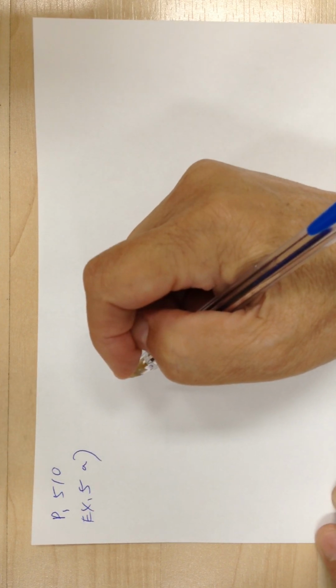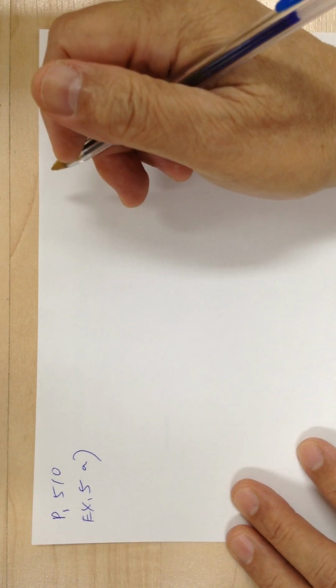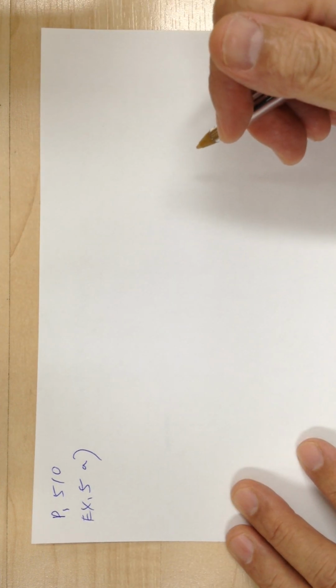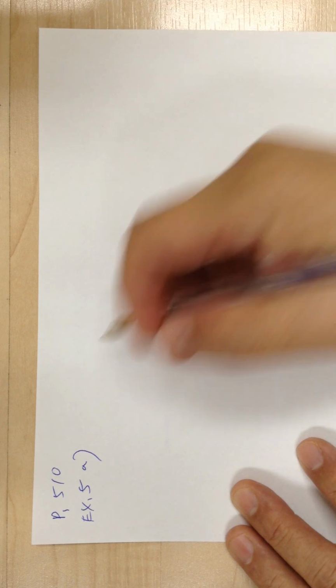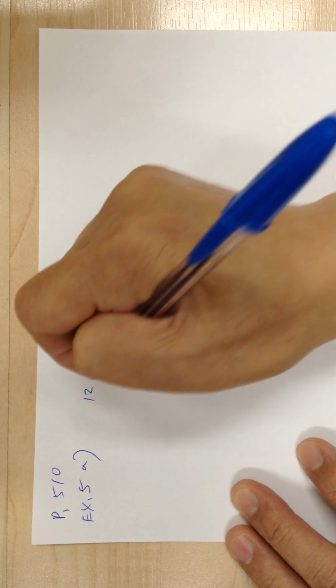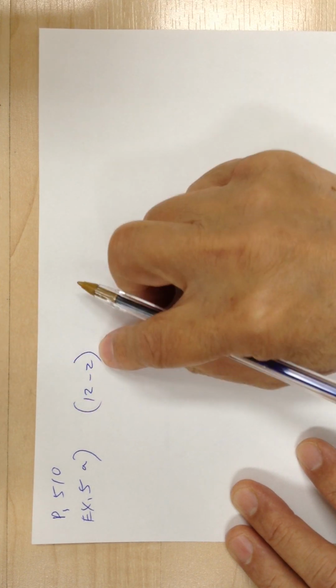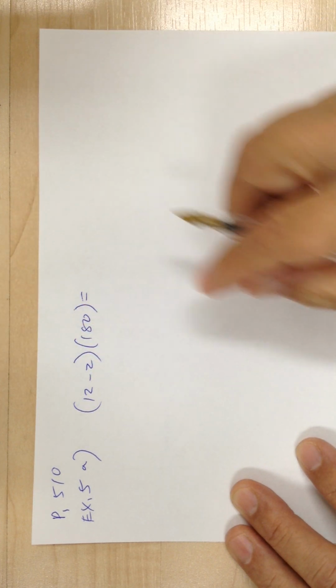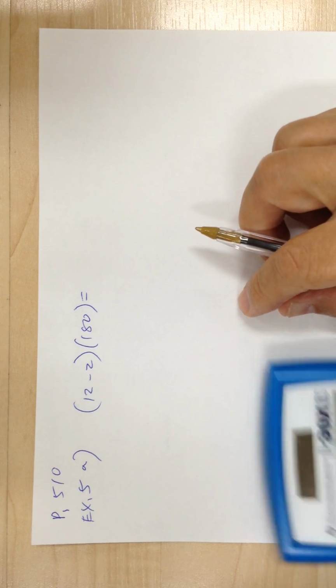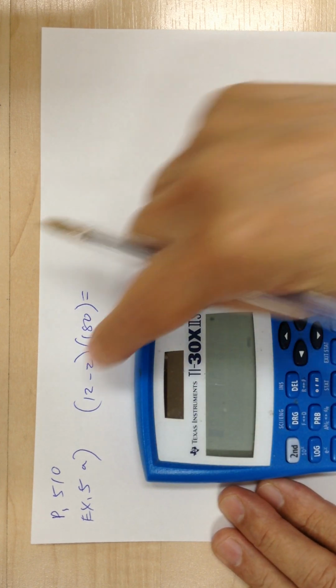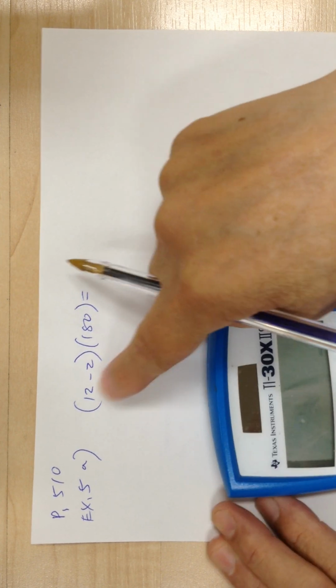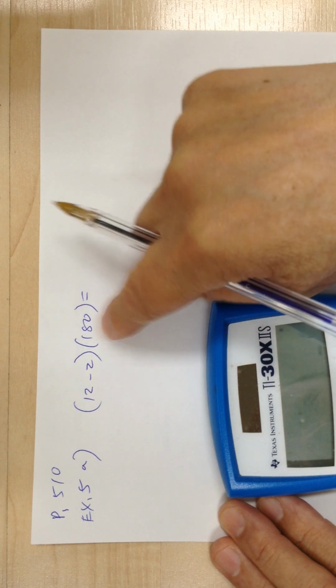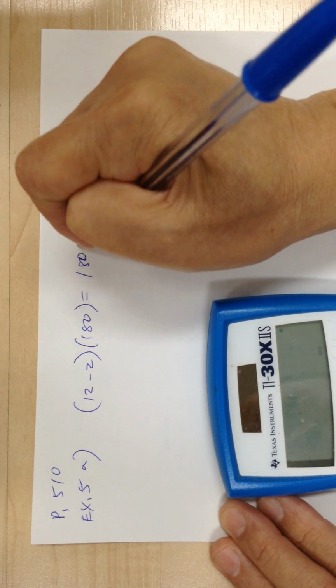Measure each interior angle. So this is 12 sides, right? First we have to figure out the total of the angles. There are 12 sides. You minus 2 to get the number of triangles, and you times by 180. This gives you the total of the angles. So 12 minus 2 is 10, and 10 times 180 will give you 1800.